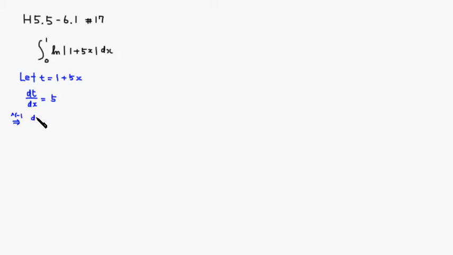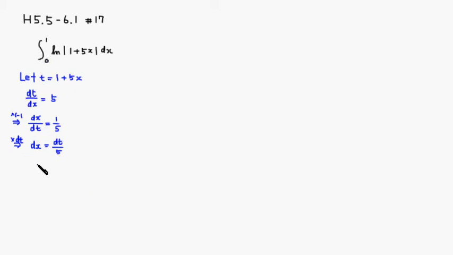You get dx over dt is equal to 1 over 5. Then multiply both sides by dt, which will give us dx is equal to dt over 5.